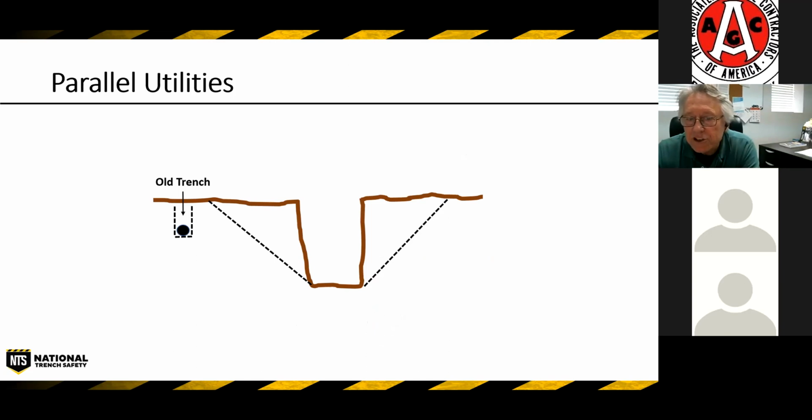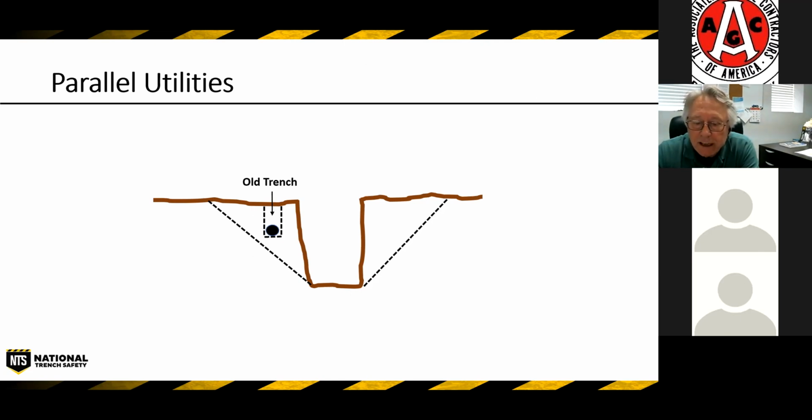Parallel utilities also present problems if they are in the adjacent area. You might have seen the cave-in story from Boston, where there was an existing water line that broke when the dirt side of the trench caved in and trapped 2 employees, and the water quickly filled that trench.